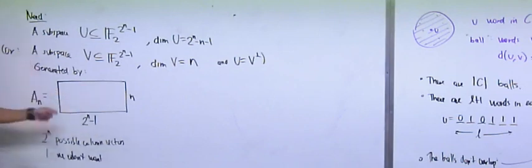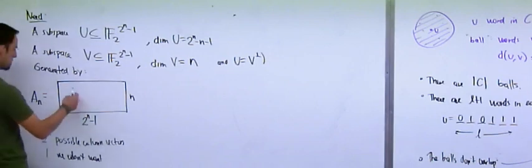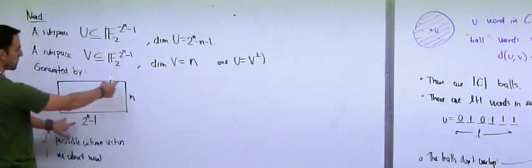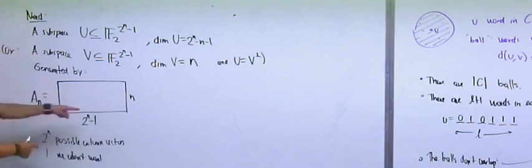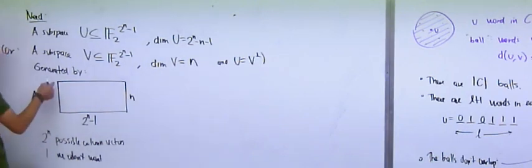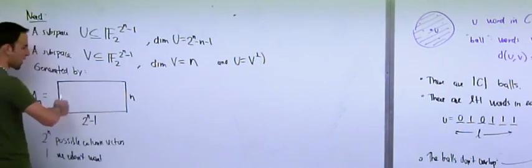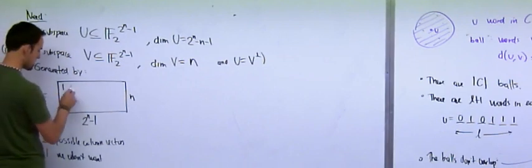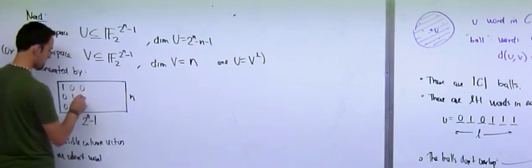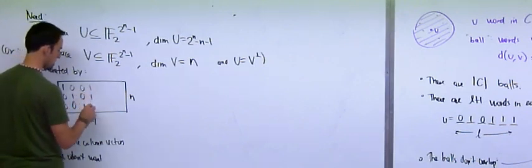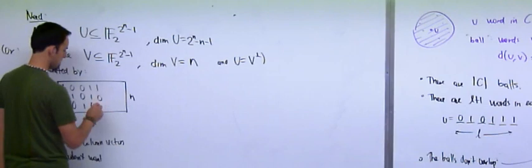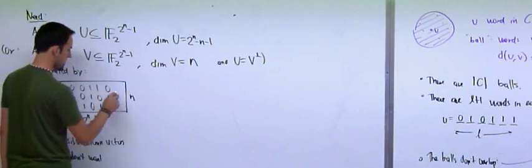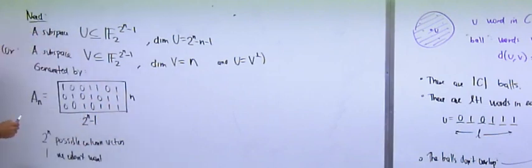Let's put all the possible column vectors. So that's what I'm going to do. I tried to draw this to be kind of 3 by 7. So I'm going to put all the different nonzero column vectors of length 3: 1, 0, 0; 0, 1, 0; 0, 0, 1; 1, 1, 0; 1, 0, 1; 0, 1, 1; and 1, 1, 1.